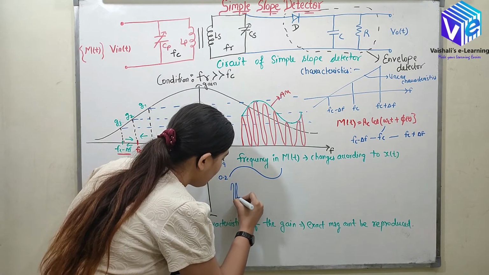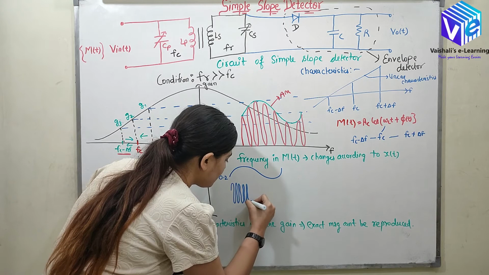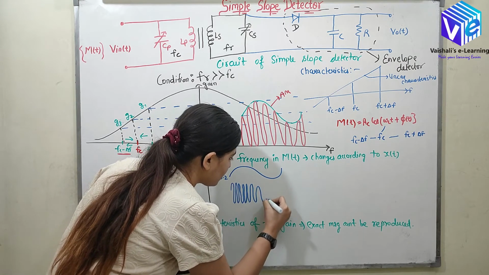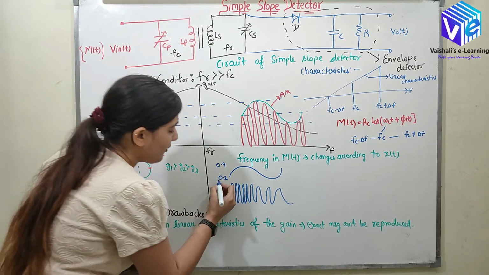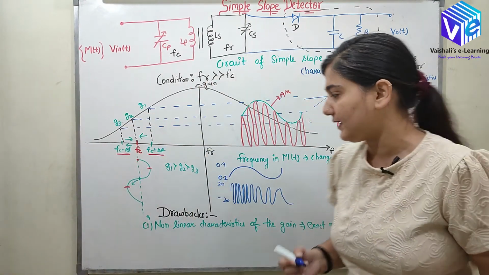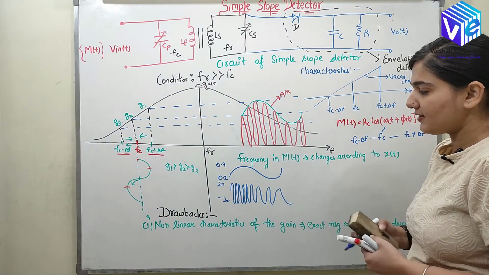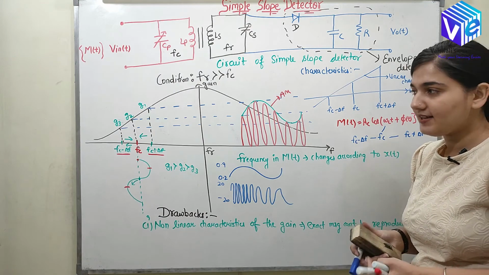So here the frequency is increased, after that it is decreased. So this is how the frequency modulated signal will be formed. So let's suppose the amplitude is 20 and minus 20. So now this signal will be producing an amplitude modulated signal here.